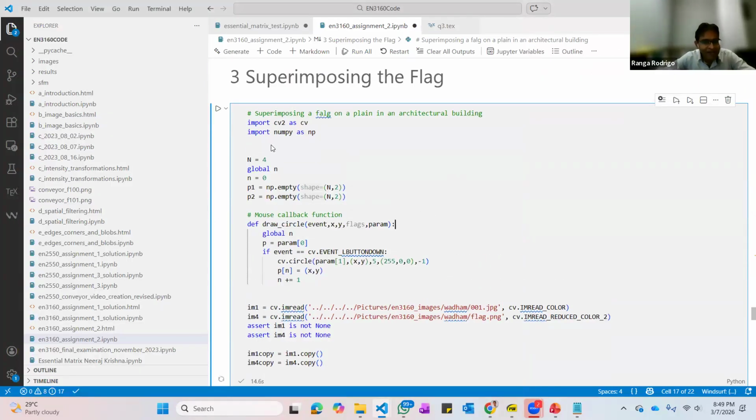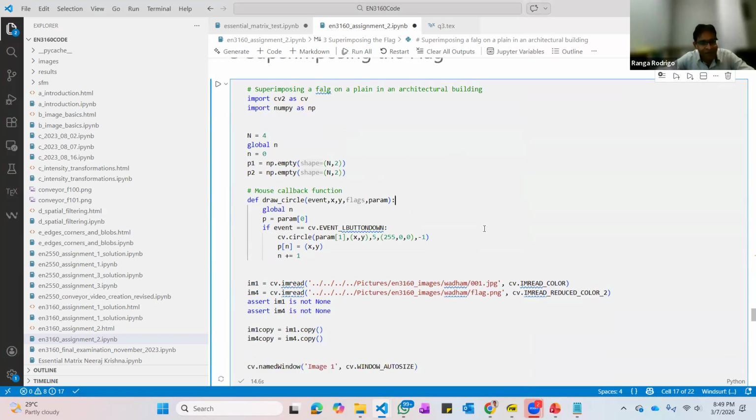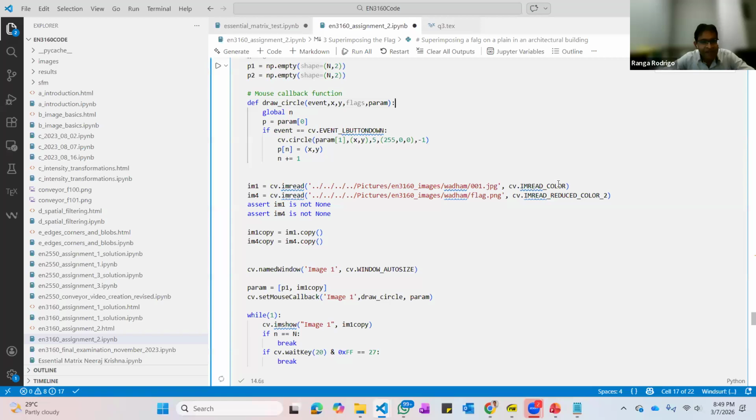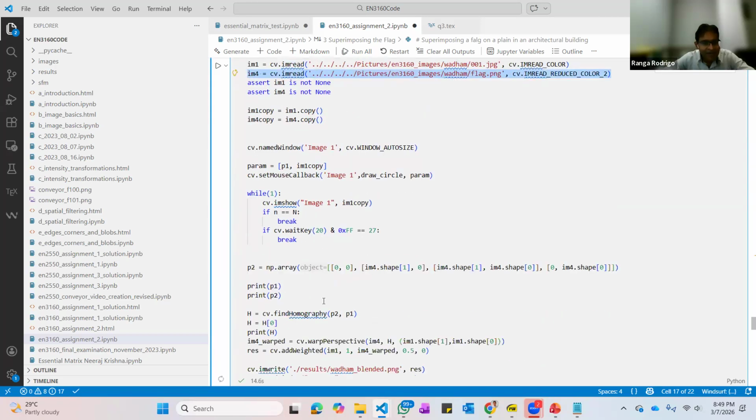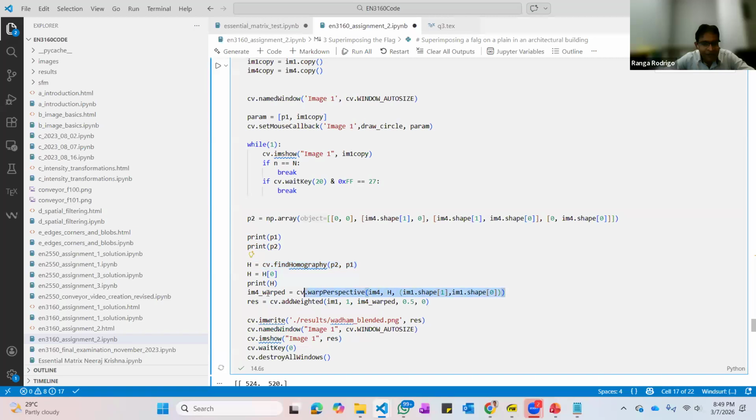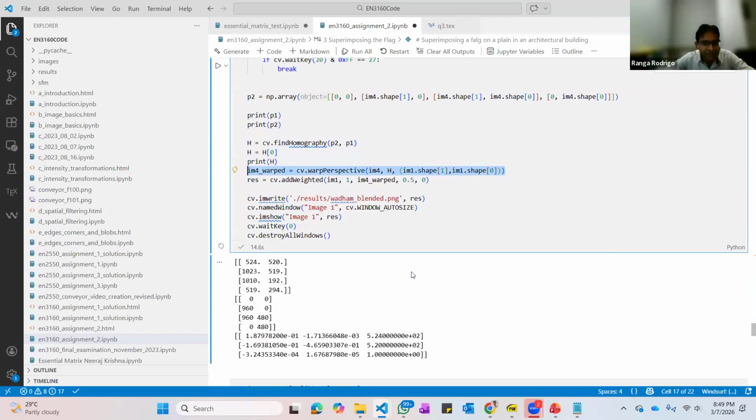So the mouse clicking code, I have it in the previous one also. I have the so-called Bantam image opened here and the British flag image opened here. Then after clicking the points, I find the homography between them, and then I do the warp perspective after that, and then add them.